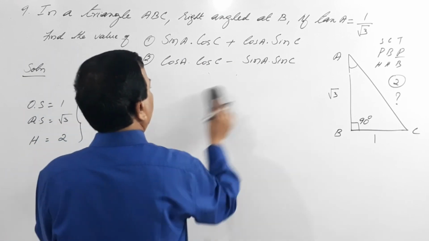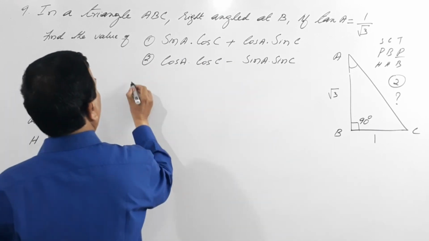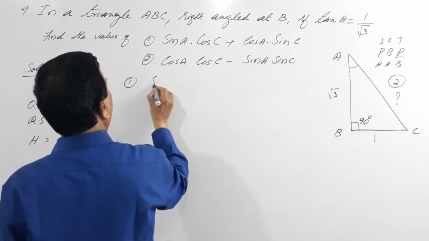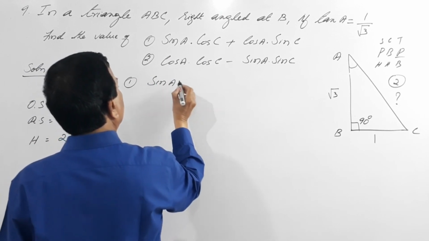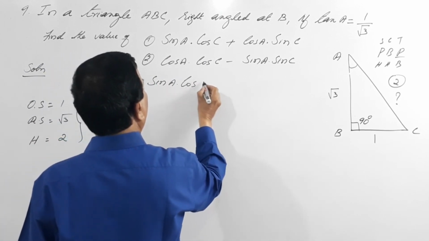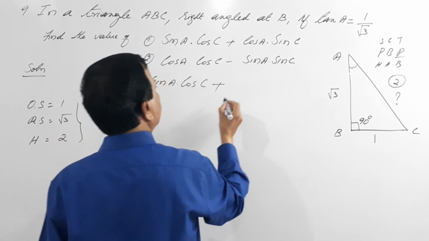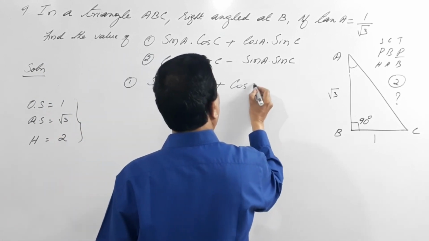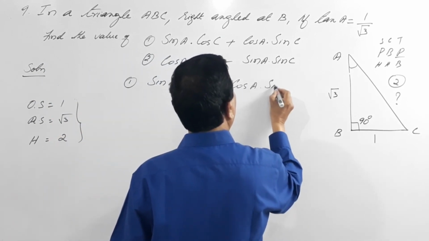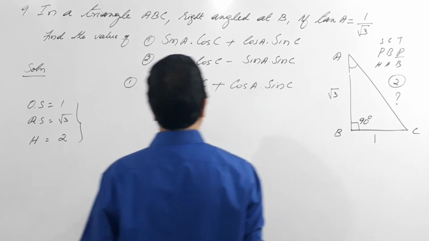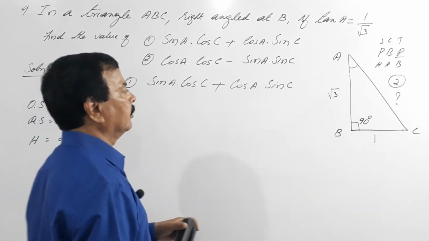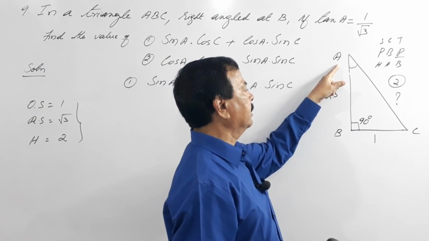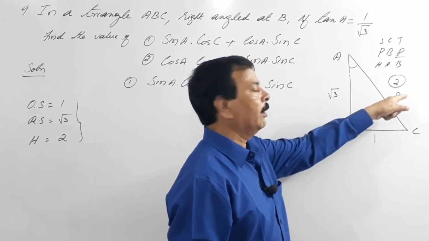The first case asked is sin A into cos C plus cos A into sin C. What is sin A? Whenever you are taking sin A, it is opposite by hypotenuse.